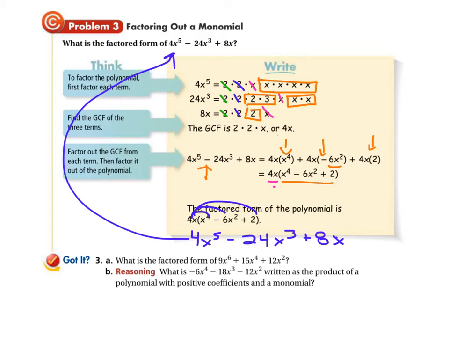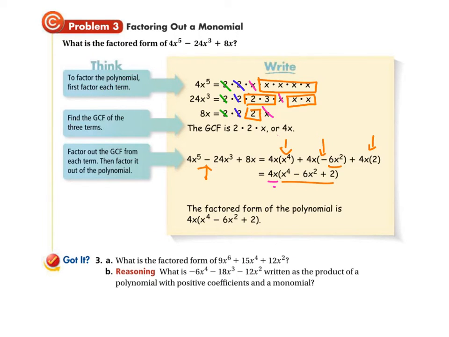Okay, so the first part of this is what is the factored form of 9x to the sixth plus 15x to the fourth plus 12x squared. And what I'm going to do is start to do this in my head a little bit.